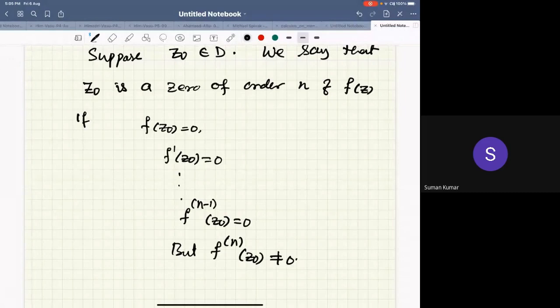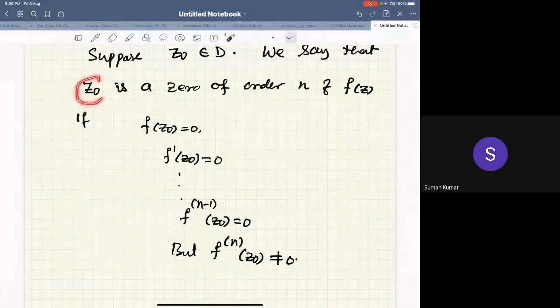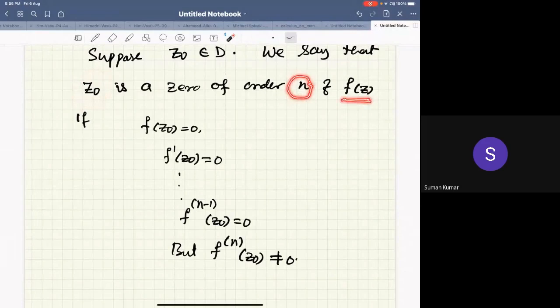Then we say that our z0 is a zero of order n for the function f of z.